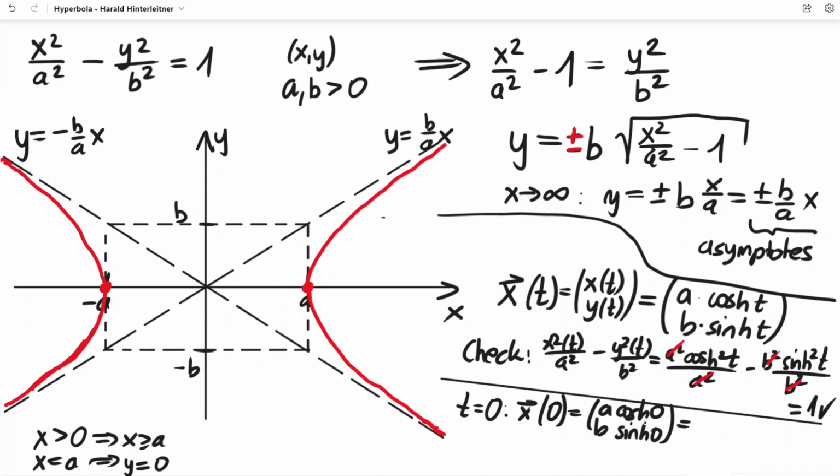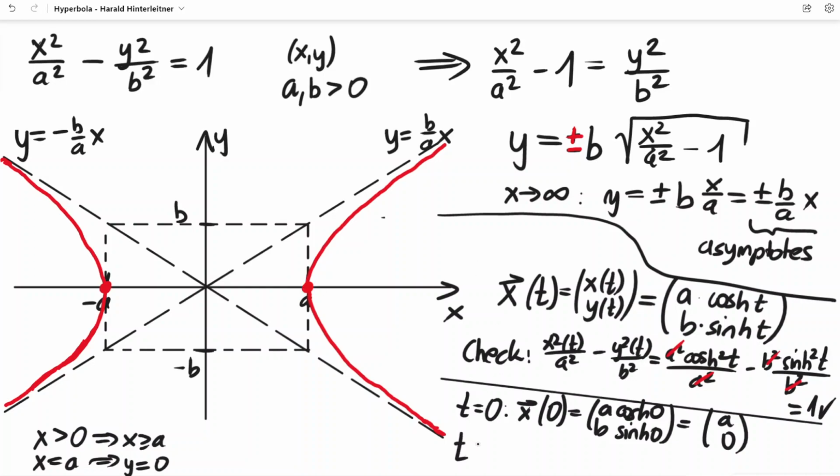And you know from hyperbolic function properties, cosine hyperbolicus of 0 is 1, so a remains, and sine hyperbolicus of 0 is 0, so y remains 0. So this is our starting point, the initial point, and this is here, this tiny point. X is a, y is 0.